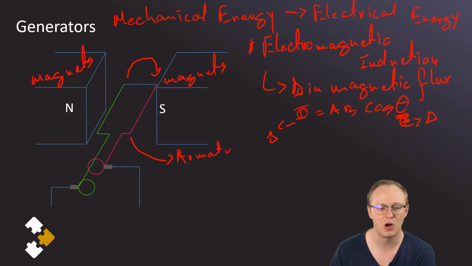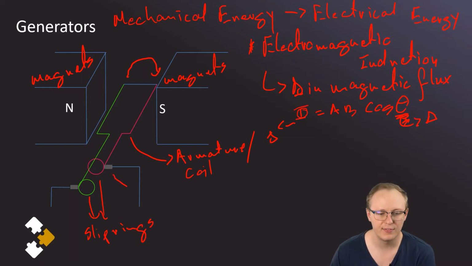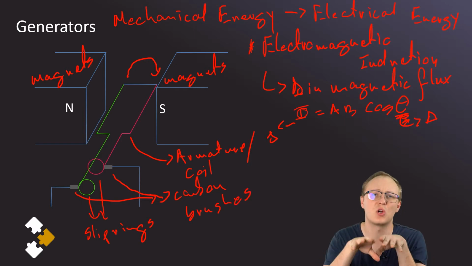This is the armature, or we can call it the coil. These two things here, those we call slip rings. And then these things here, those are carbon brushes. Okay, right, so those are our components.